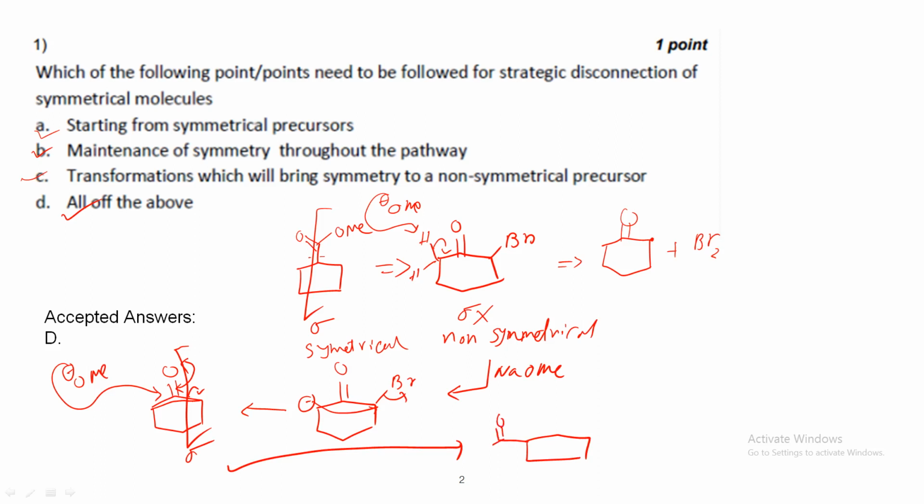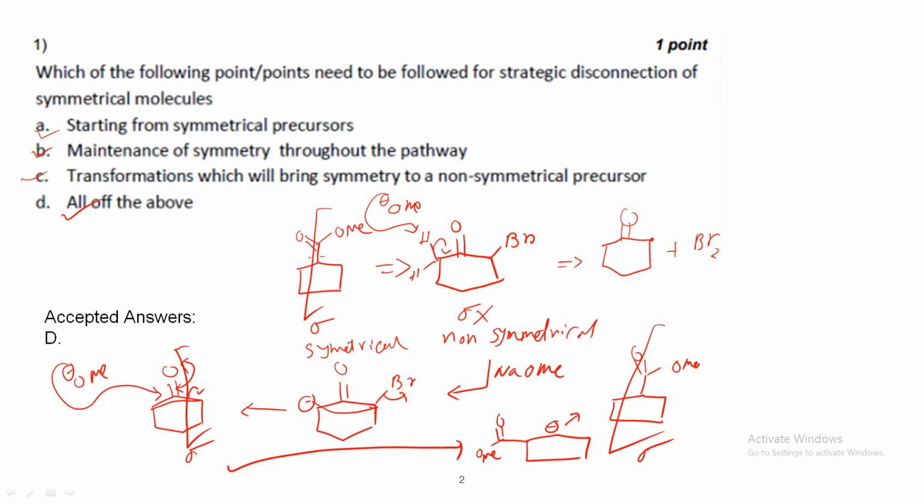Here we have now an ester, and the negative charge is definitely going to be quenched with moisture or during workup. So this is nothing but our target molecule, which contains a sigma plane. So that's how all these 3 points are correct, and that's why the right answer would be D.